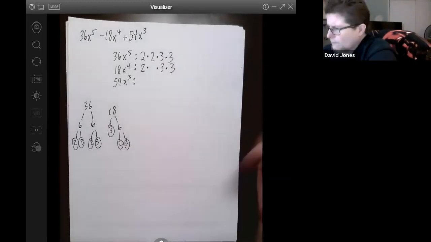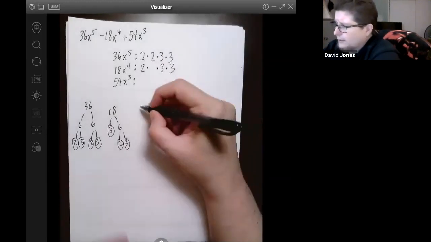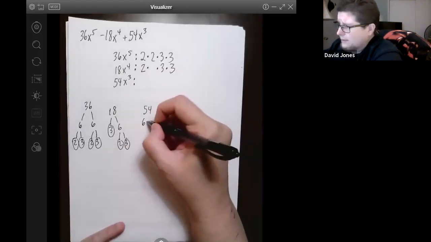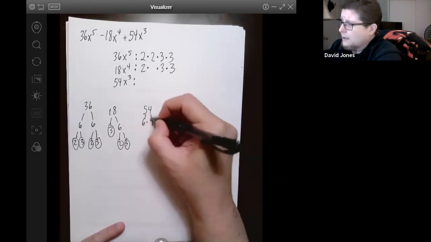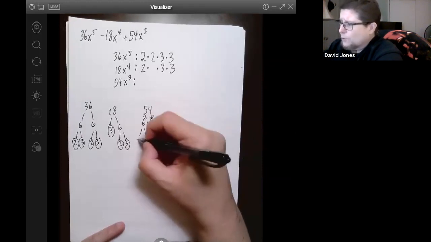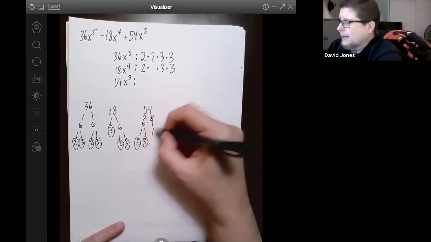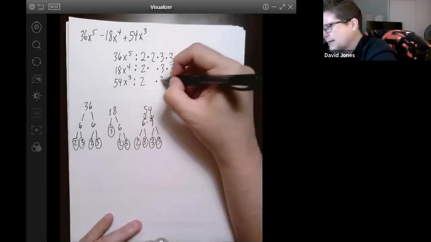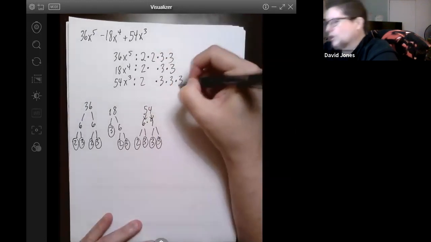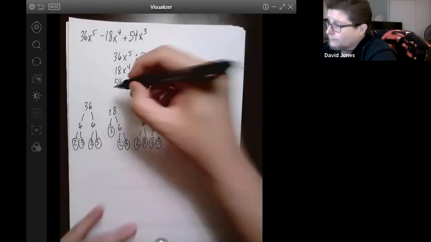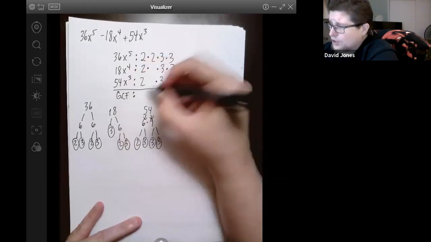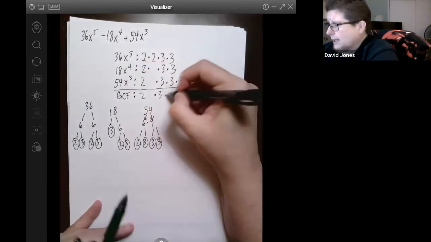And then 54 is 6 times 9. And these factor more. 6 is 2 times 3, and 9 is 3 times 3. So I need 1, 2, I need a 3, another 3, and then a third 3. So my GCF will have a 2, a 3, and a 3 in it.